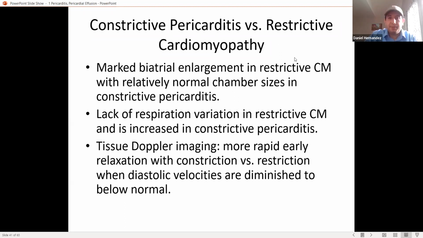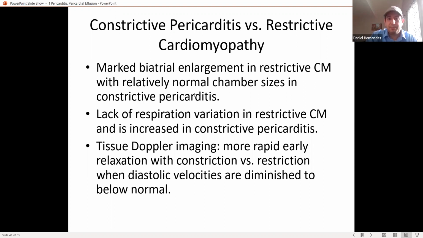So constrictive pericarditis versus restrictive cardiomyopathy. Again, with our restrictive cardiomyopathy, we see marked biatrial enlargement, so two enlarged dilated atria, with relatively normal ventricular chamber sizes. In patients with constrictive pericarditis, the atria are relatively normal.